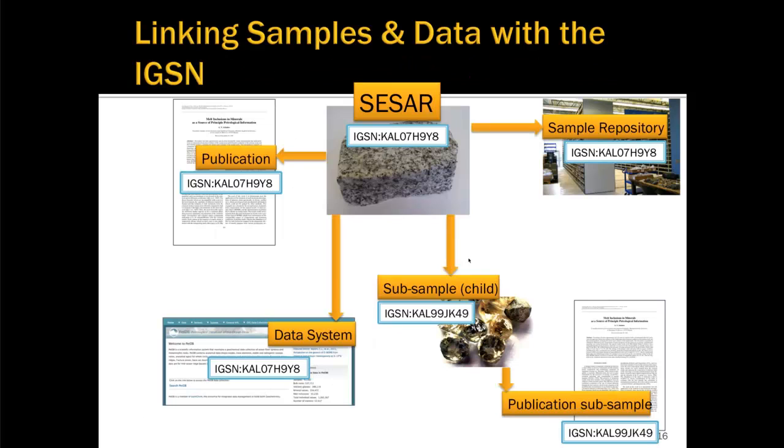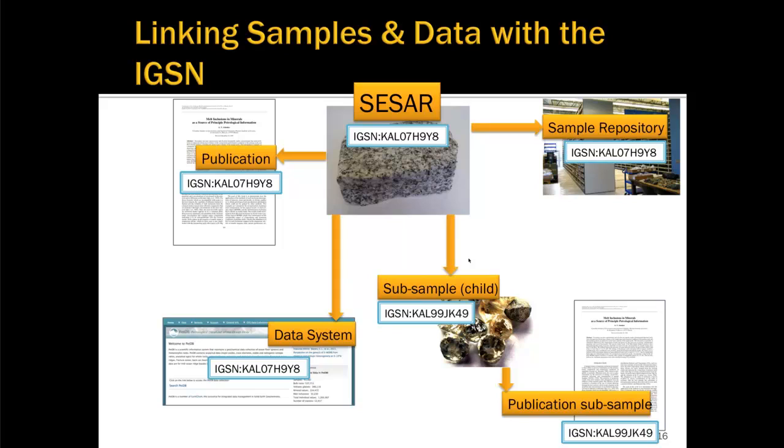And here it's showing again how the IGSN can link between all the various relevant parts of a sample life, from the repository to data systems to publications, and then also to the life of any subsamples that have their own publications and so on.